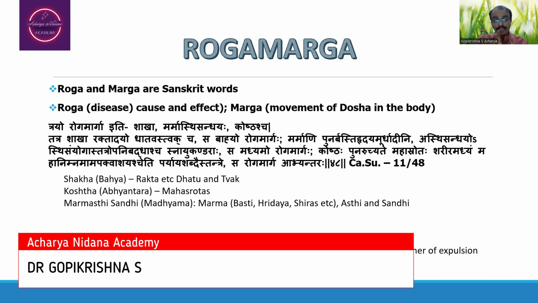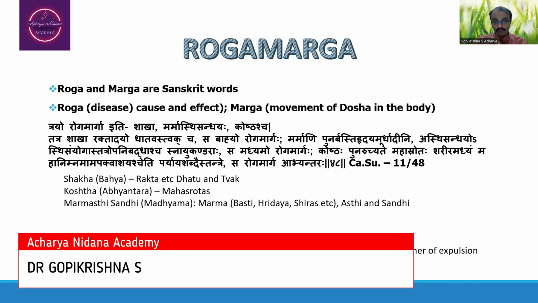Based on the context of Ayurveda, three Roga Marga are explained: Shakha, Marma-Asti-Sandhi, and Koshta. Trayo Roga Marga iti Shakha, Marmasti Sandhaya, Koshtascha.